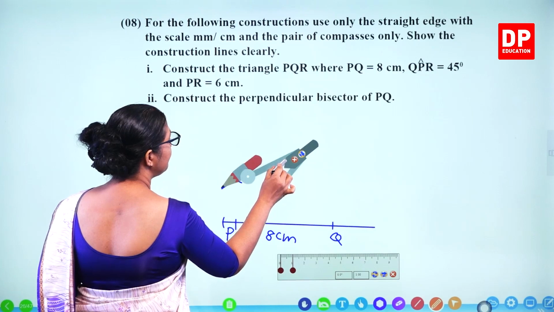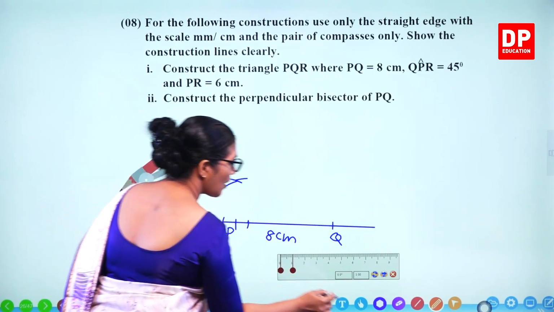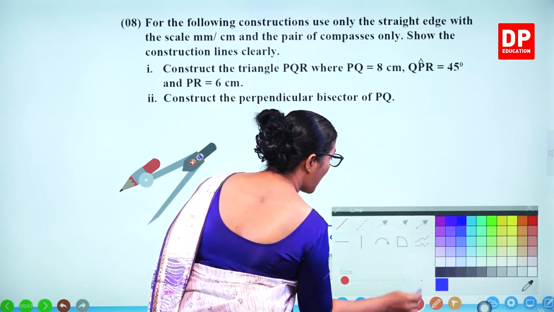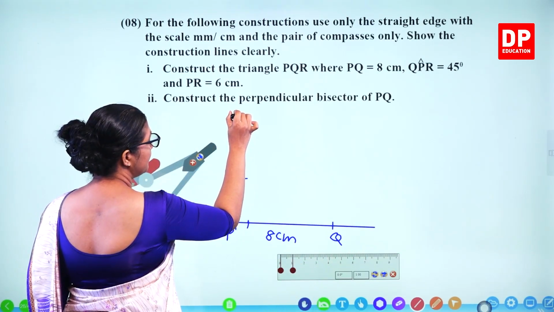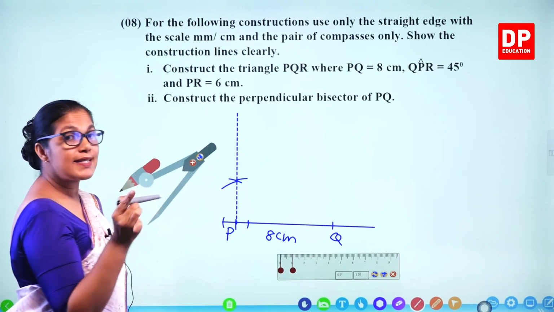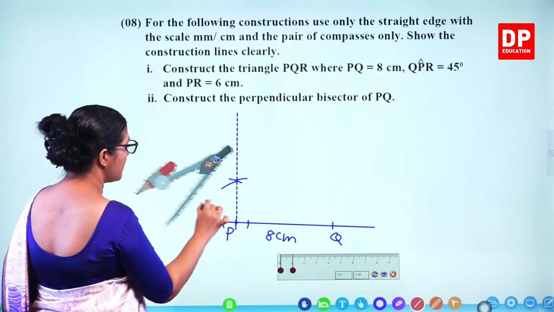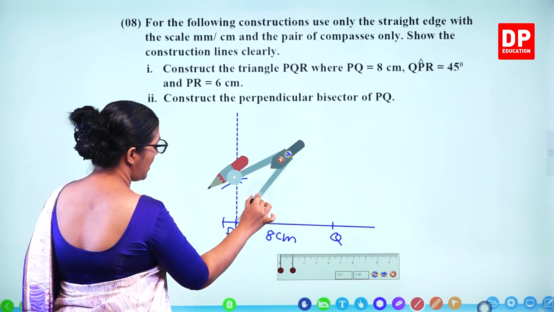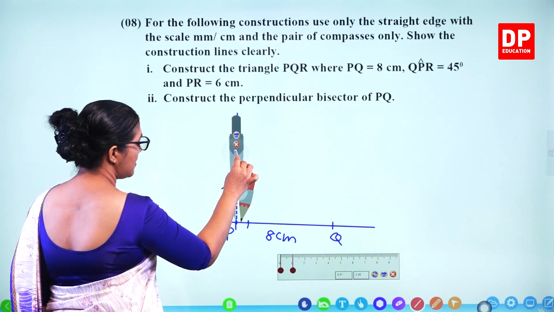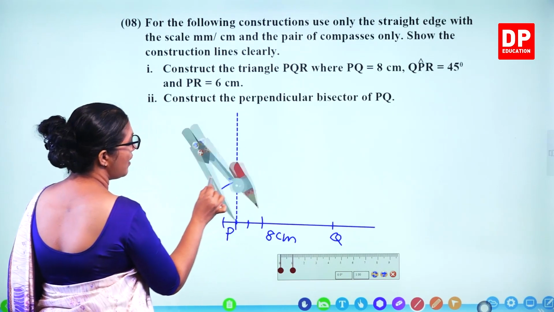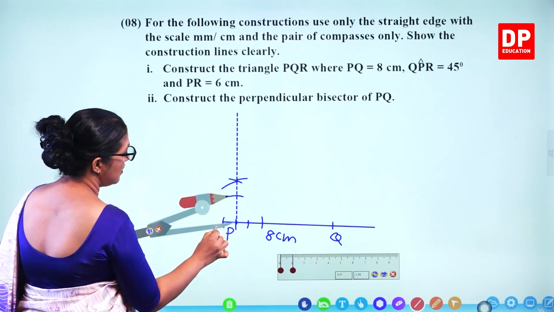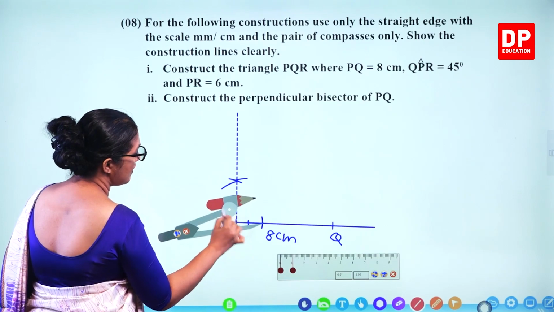Then you can draw the 90 degree angle, but we don't need 90, so I'll take the broken line. Then you have to bisect 90 to get 45 degrees. So we'll construct that. Take any distance and draw an arc here, and bisect the angle.